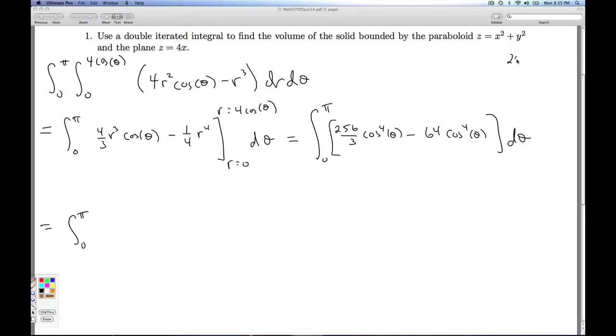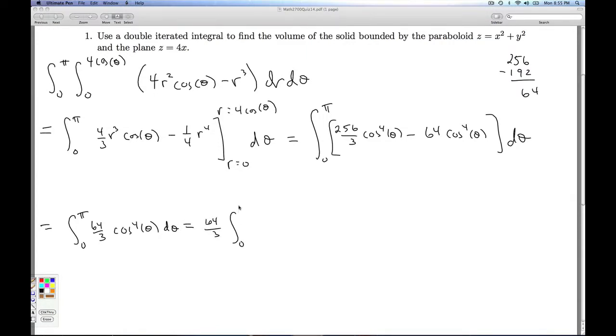So I would need 256 minus 192. That's 64. So 64 thirds cosine to the 4th theta d theta. So the 64 thirds I'll bring out front.